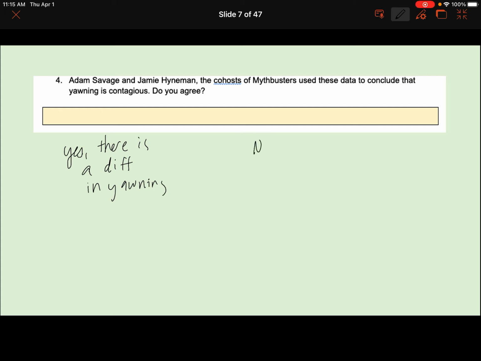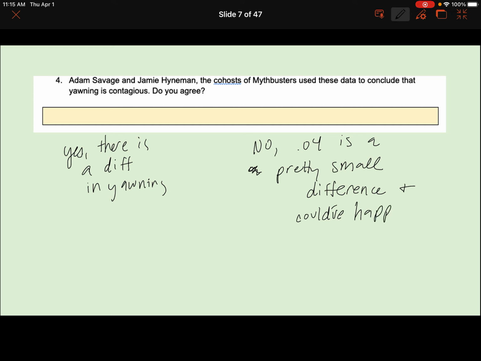Or you might have said, no, 0.04 is a pretty small difference. So either way there is fine, whatever you feel. If you're going with this one, you could say, and could have happened by chance. Also, probably some of you noticed the sample sizes were fairly small.